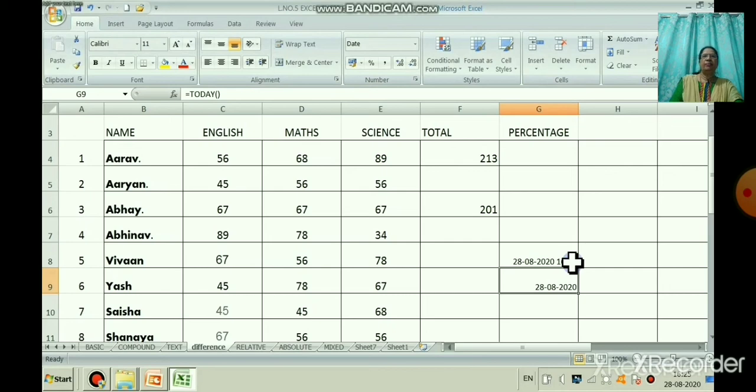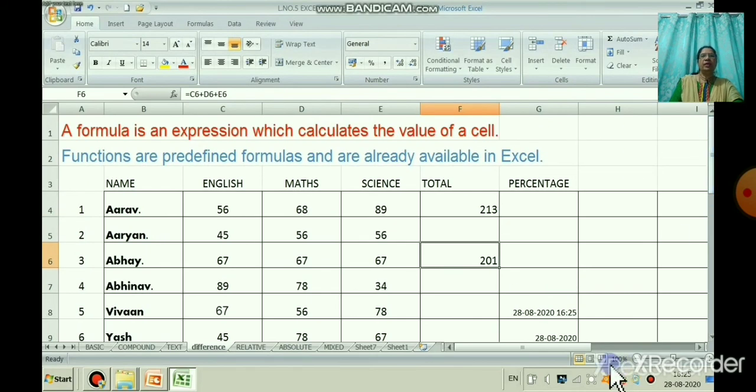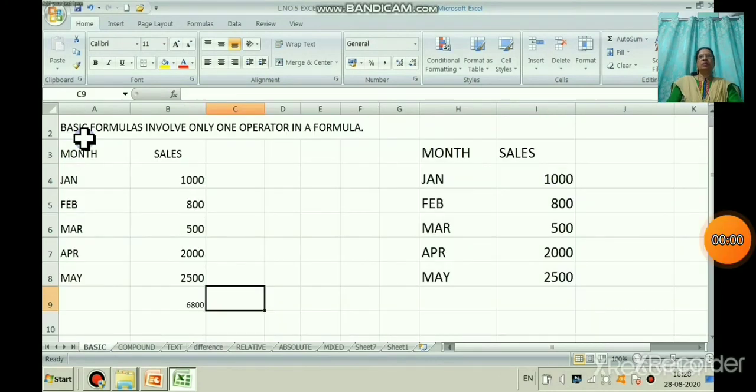So the formula is an expression which calculates the value of a cell, but functions are predefined formulas already available in Excel. The sum is a function, an inbuilt function. Here we are using the cell C6 plus, so that is a formula. Similarly, when we calculated the percentage, we used a formula. But NOW is a function, and TODAY is a function.